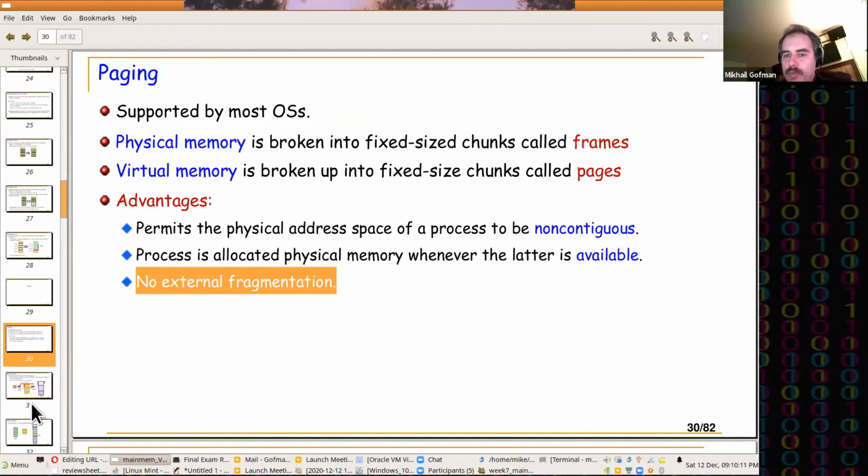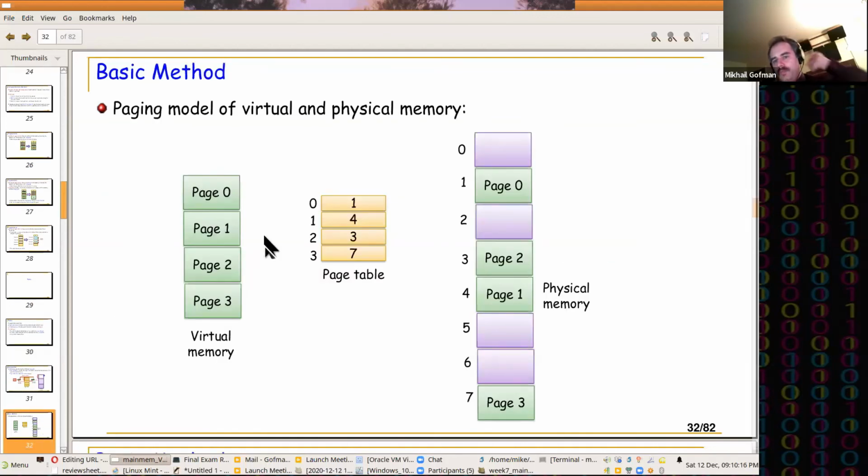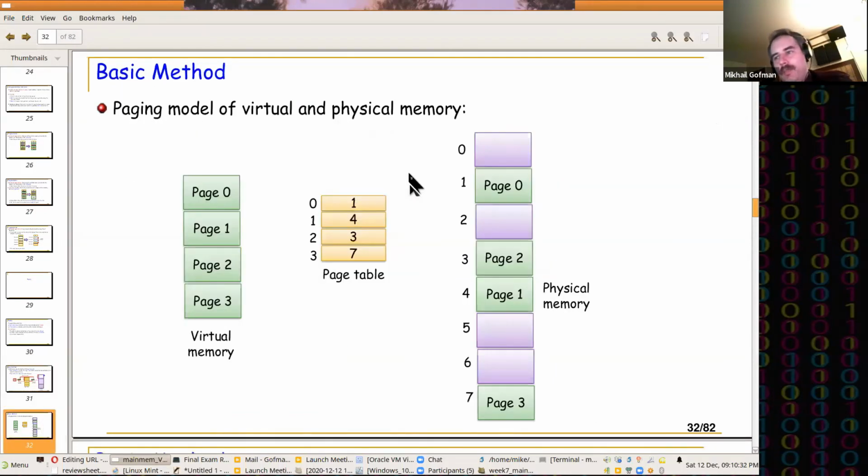So let's talk about how paging generally works. In paging, whenever we want to access a particular address, we access it in terms of the page number and the page offset. First, let's take a look at how paging works on a high level. The virtual memory of the process will be split into a bunch of pages.